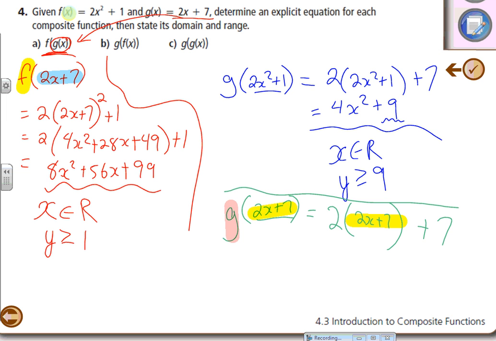So I'm going to kind of try to color coordinate this as much as possible for you. There's the 2, there's the plus 7, and here's the x that I've replaced with 2x plus 7. Distribute into 2, add the 7 there, and we've got 4x plus 21. That's a line.